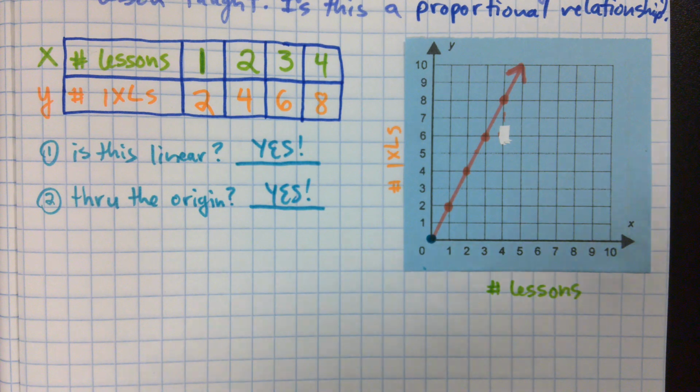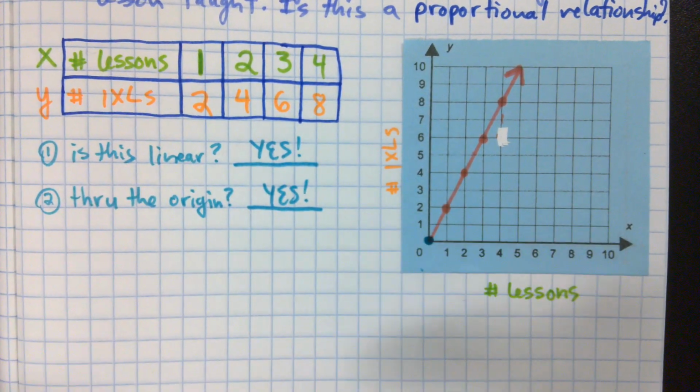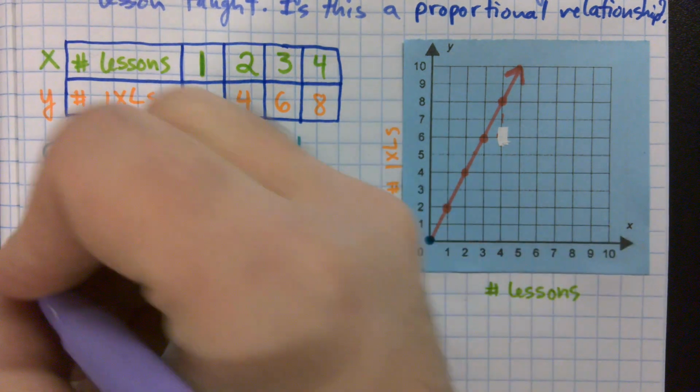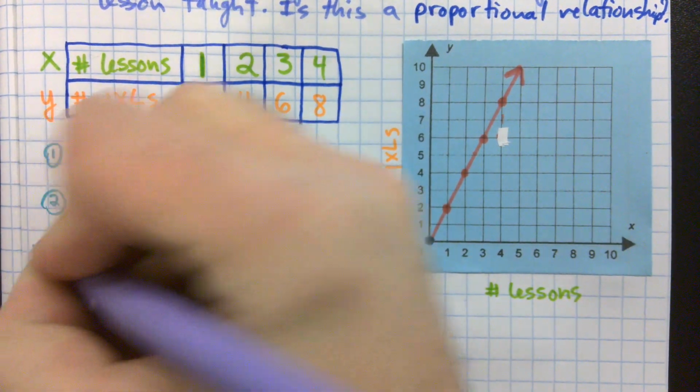And that's basically the nature of these proportional relationships. You can think about it in the context of whatever problem you're dealing with and figure it out. This is linear. It does go through the origin. All we have left to do now is find k.